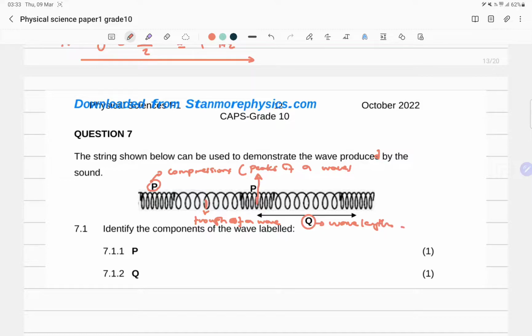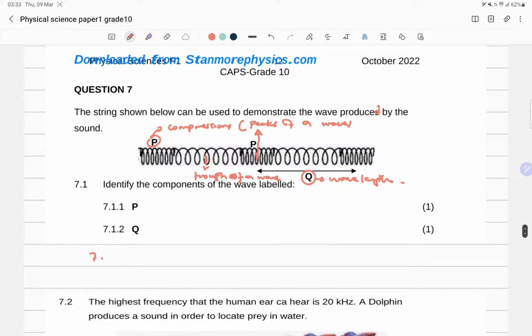Technically it's not really directly so, but it would represent a period. But because now we're measuring just distances here, we can safely say it's the wavelength. So for 7.1.1, we know that P represents compressions, and the center of which represents the peaks of a wave.